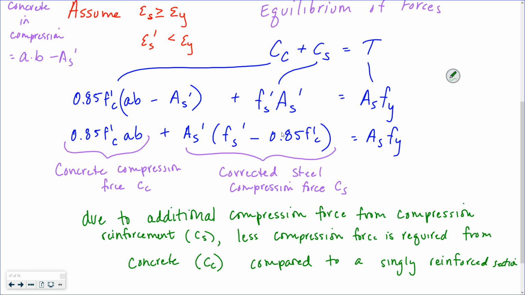If my T, my tension force, my area of reinforcement steel times, we're assuming it's yielded, so the yield stress, that's not going to change. If I include compression steel, this T doesn't change, so compared to a singly reinforced section, my C sub C has to go down to account for this additional force from my compression reinforcement.